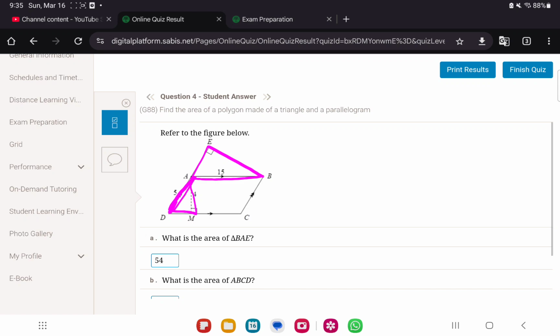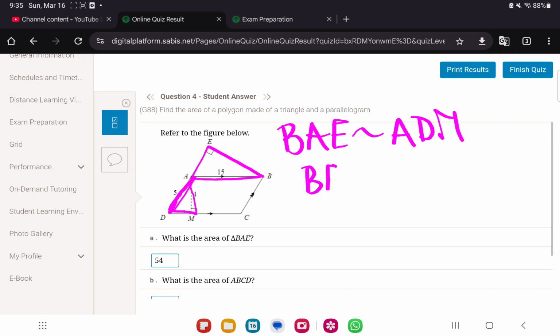When we have similar triangles, their sides are proportional. That means we can figure out what the side of one is to find the area, okay? So we want to find EA to find the area of that triangle.